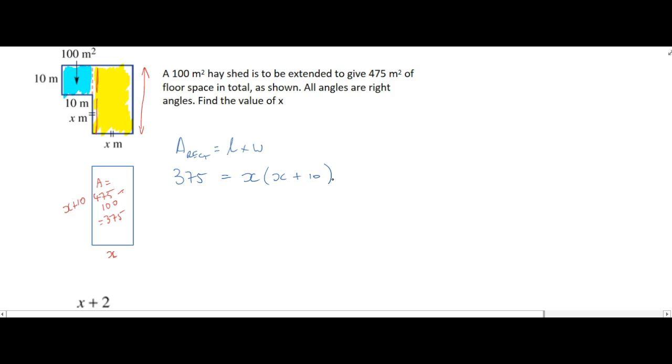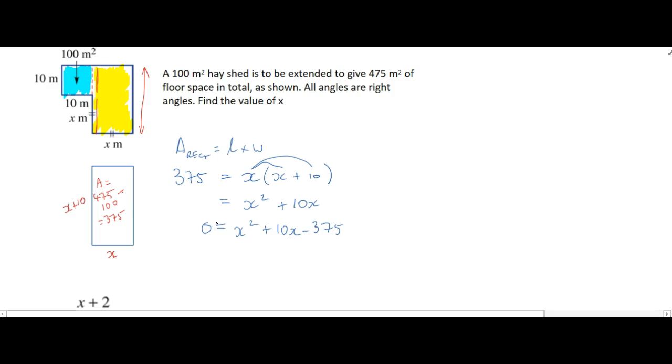So it's simply a matter of solving like the last one. We've got x squared plus 10x, and if we take it a step further, we're going to get x squared plus 10x minus 375 equals 0. I've just done it a bit quicker.